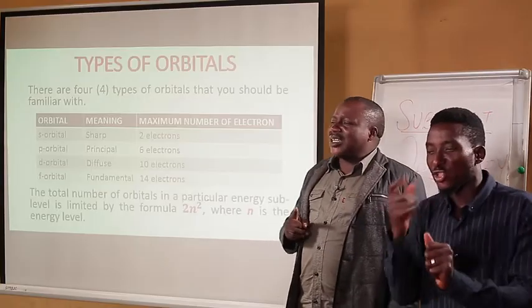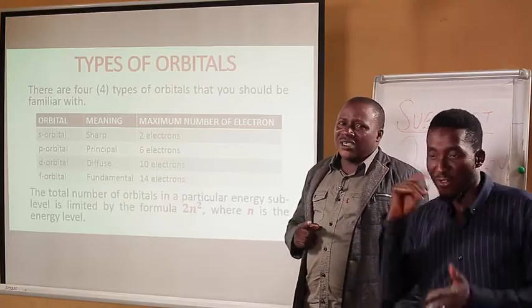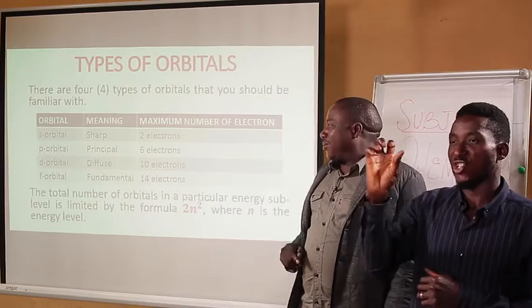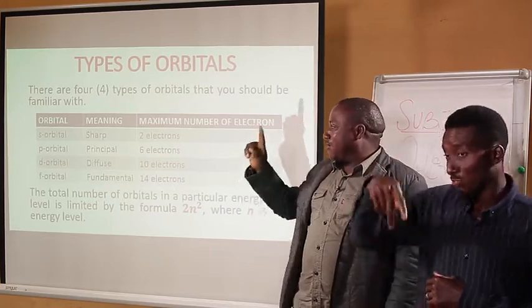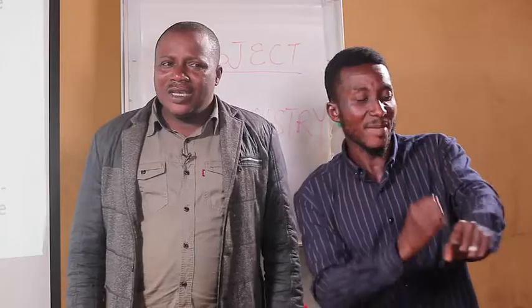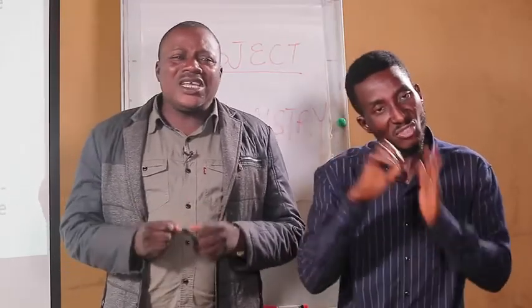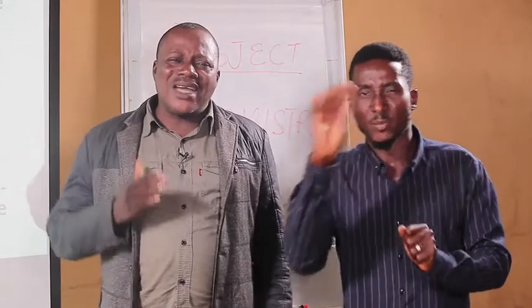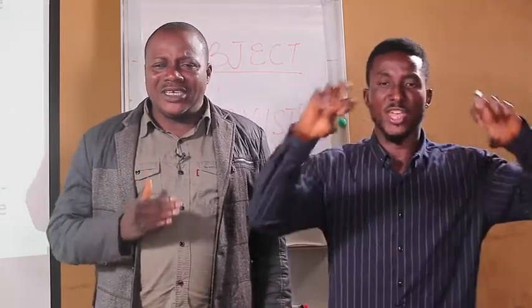Each and every orbital stands for something. The s orbital stands for sharp. The p orbital represents principal. The d orbital represents diffuse, while the f orbital represents fundamental. Just like in that room, each and every orbital has a maximum number of electrons that it can carry.